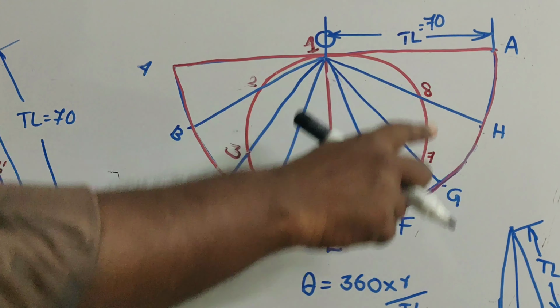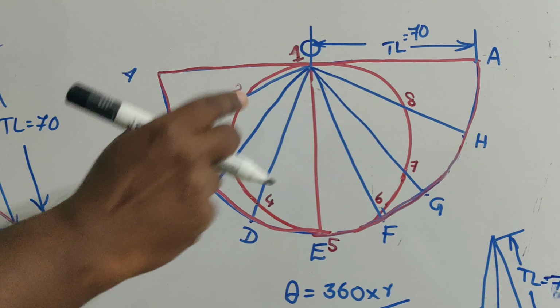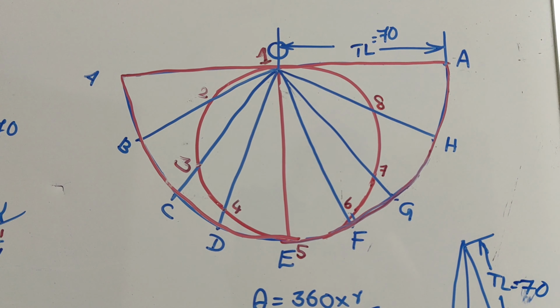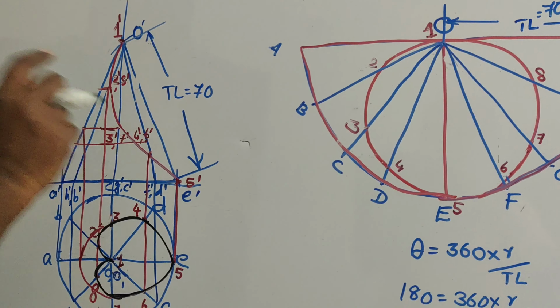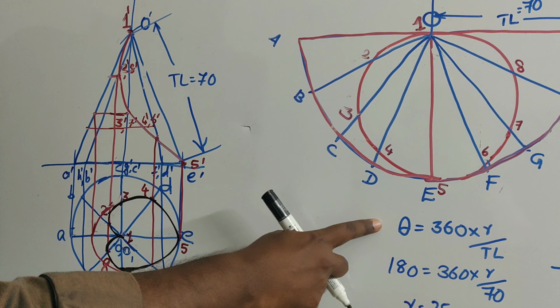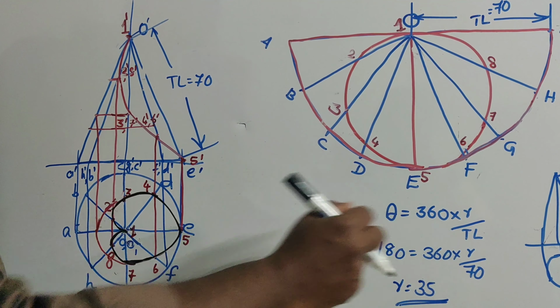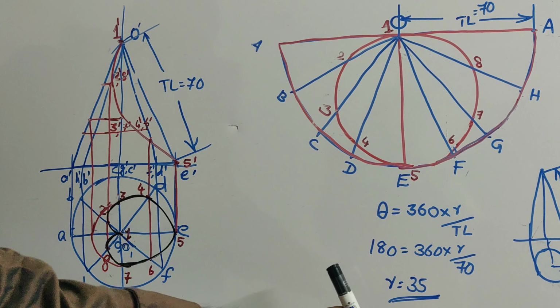Using that we have drawn the circle. Then we have divided the semicircle into 8 equal parts in order to catch the points properly to the front and top views. Then we have drawn the top view and front view by making this calculation, that is the subtended angle theta is equal to 360 into r by true length. From this we got r is equal to 35.